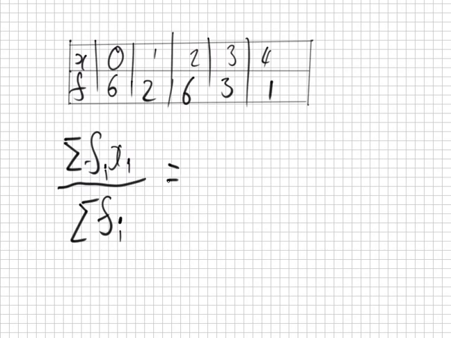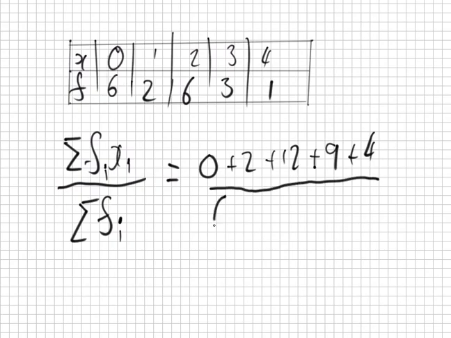If you want the average from a frequency table, this is what you do. You multiply the x's and the f's together. So firstly, what would I get here? 0, and then here 2, and here 12, and here 9, and here 4. And then you divide by the total frequency, which is 6 plus 2 plus 6 plus 3 plus 1. Can someone type that in, please?